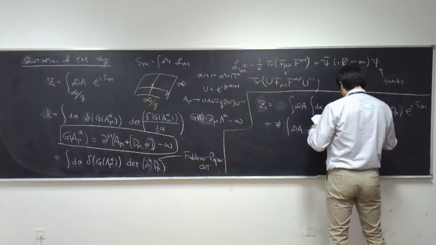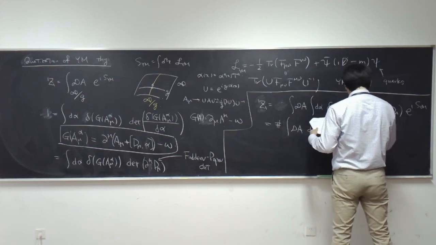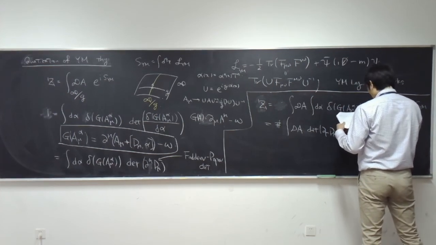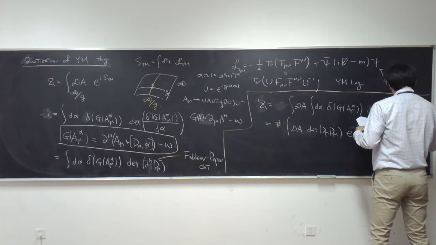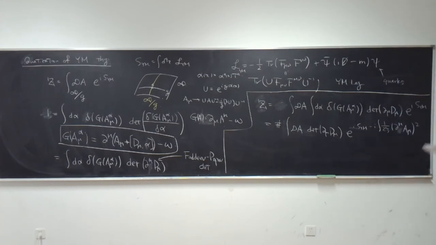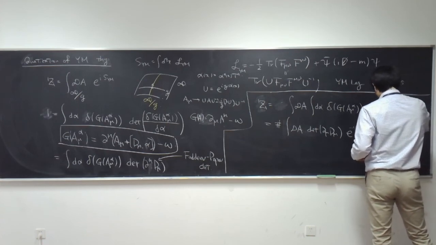You get e to the i S Yang-Mills, but with an inserted term like minus i over 2 xi times (partial mu A mu) squared, integrated over dx.